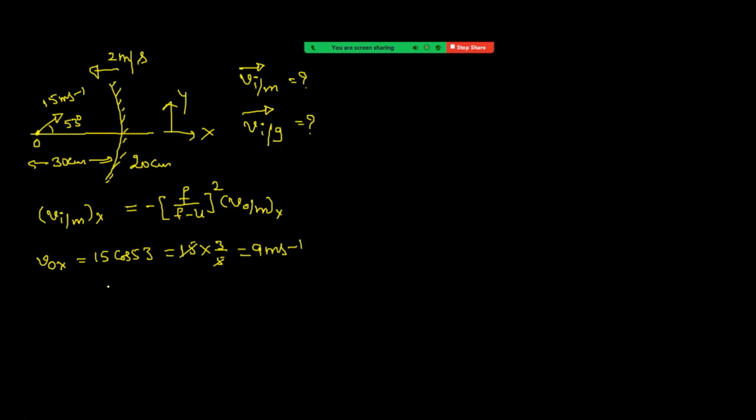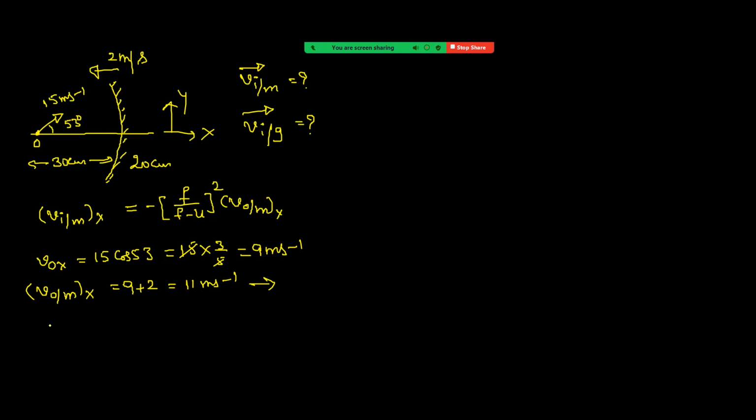And coming to the mirror, its velocity is 2 meter per second along negative x-axis. Therefore, velocity of object with respect to mirror along x-axis is 9 plus 2, which is 11 meter per second, along positive x-axis.